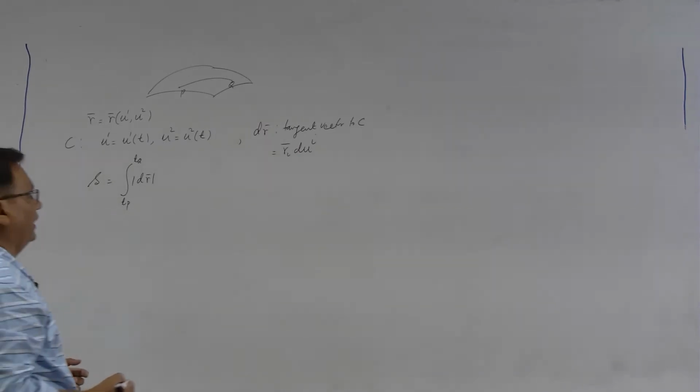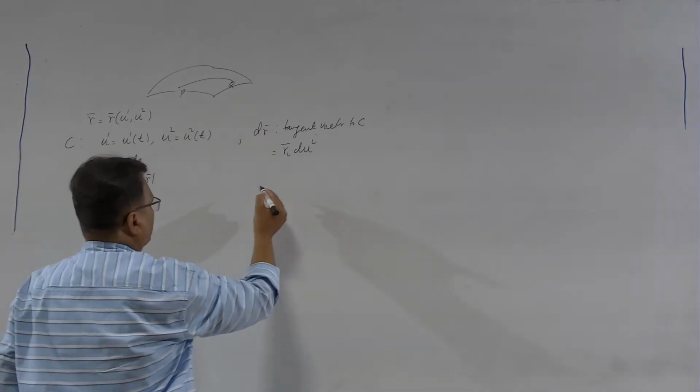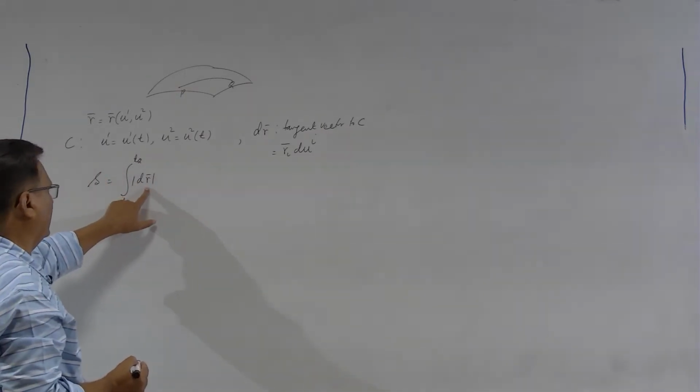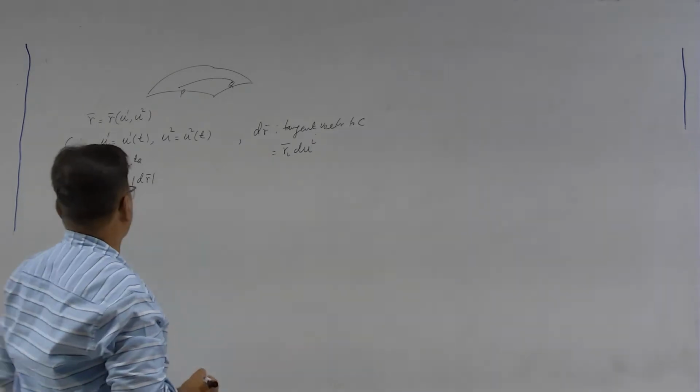So, summation is there, and if you want to see |dr|, you have to find its magnitude.